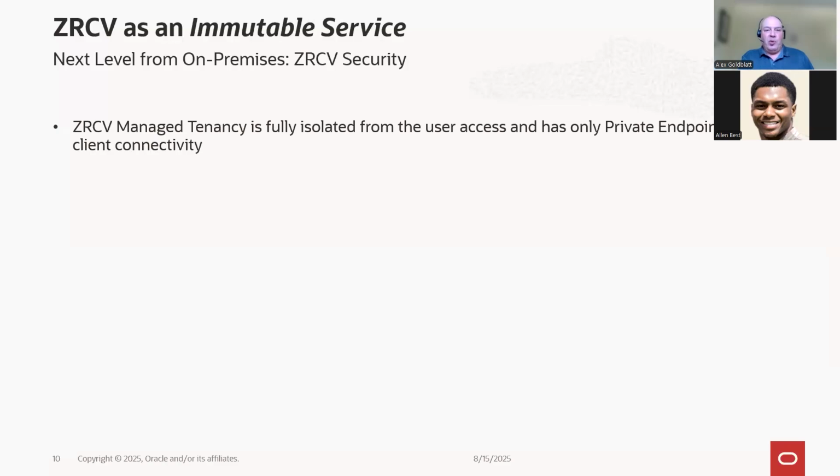To make it even more secure, we took any accessibility of the recovery service, which is managed inside of the Oracle tenancy. It is not exposed to the customer tenancy at all. So the only access routes between the source database in your tenancy and the backend of the recovery service are private endpoints, which are practically impossible to compromise.